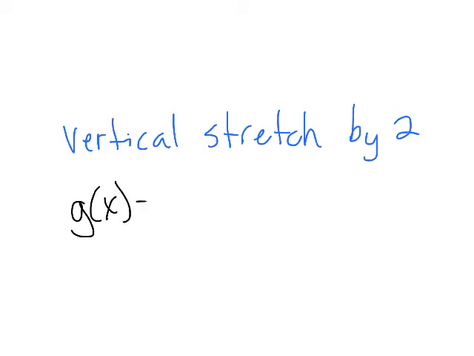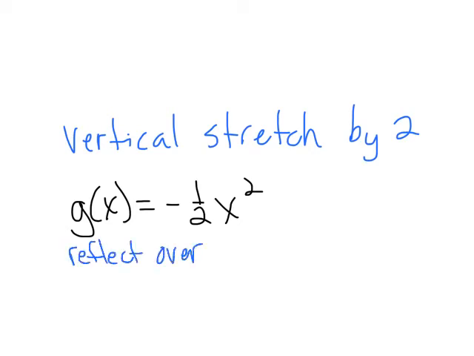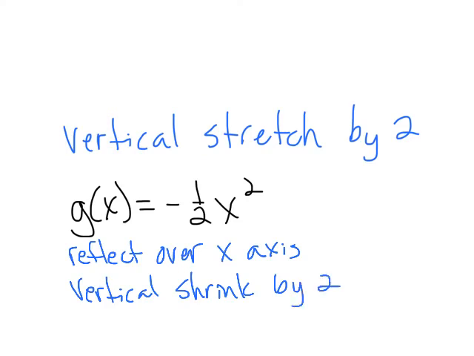Let's say g of x is negative 1/2 x squared. This is a reflection. This is not a dilation, so we don't say vertical shrink by -2. This is a reflection. This is a dilation. So it would be reflecting down, reflect over the x-axis, and it would be a vertical shrink by 2.